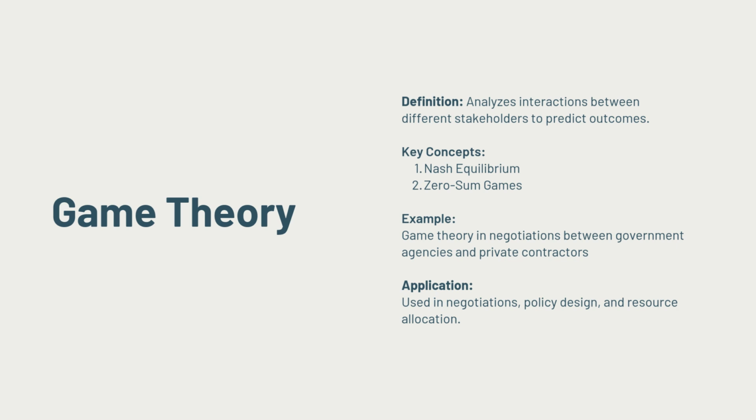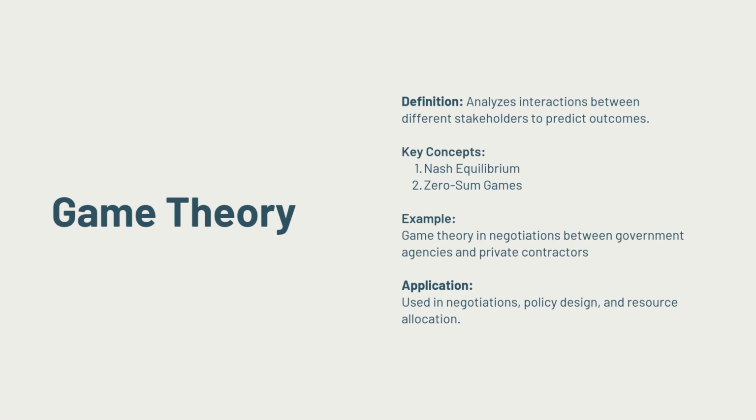This structured approach to understanding interactions ensures that all parties' motivations are taken into account, leading to a more successful project outcome. In the public sector, game theory is particularly useful in negotiations, policy development, and resource allocation.